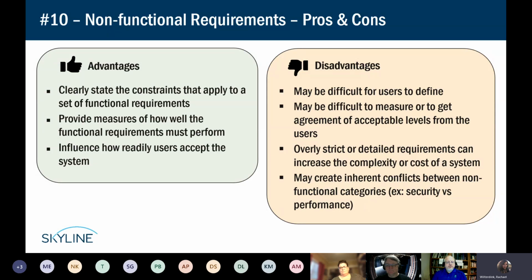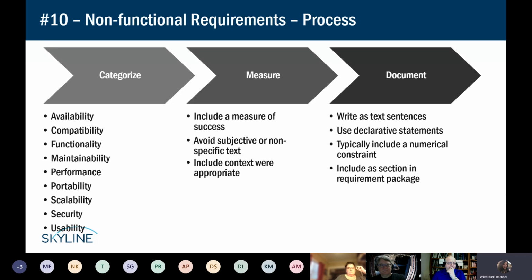And in order to be useful, they have to be measurable constraints against which the system can be tested. And it's also possible to overdo it on the non-functionals because there are so many to choose from, and it could very quickly bloat the requirements and increase the cost or complexity of your system. So the main point here is just to be aware of the key types and make sure you're addressing them some way, somehow, somewhere.